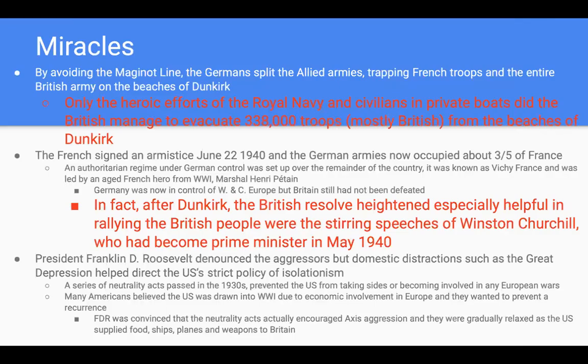All right, miracles. So by avoiding the Maginot Line, the Germans split the Allied armies, trapping French troops and the entire British army on the beaches of Dunkirk. Only through heroic efforts of the Royal Navy and civilians in private boats did the British manage to evacuate 338,000 troops, mostly British, from the beaches of Dunkirk, called the Miracle at Dunkirk.